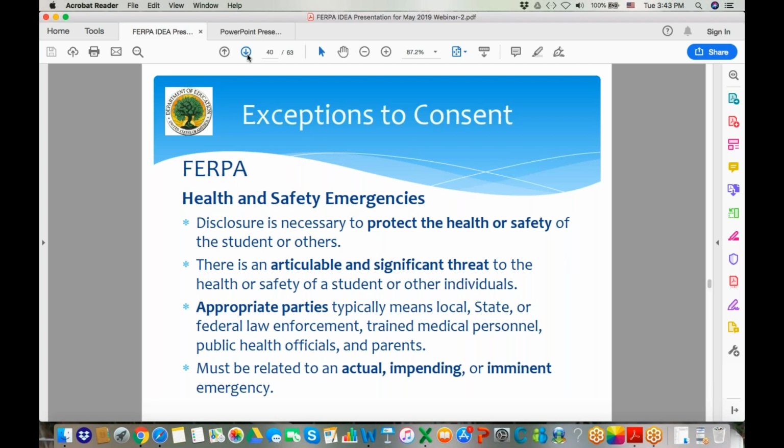Again, the last bullet there, we talk about it being an actual, impending, and imminent emergency. And then there are some recordation requirements: if a school does make a disclosure, they have to make a notation of that in the student's education record. But that's, again, four of our more prominent exceptions to consent.